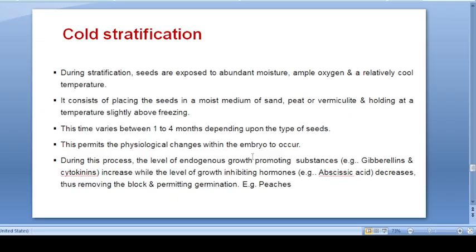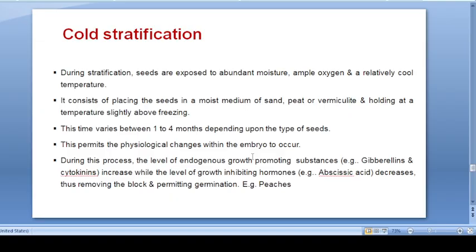So you should be aware, along with the cold condition, there are some media which are recommended here. Sand, peat, vermiculite we can use with a little bit of moisture, and the time duration is a little bit more here. From 1 to 4 months it will take, depending upon the seeds we are going to use for stratification purpose.